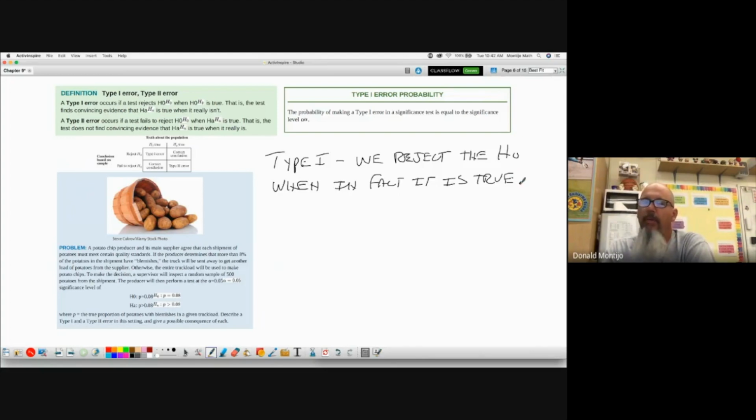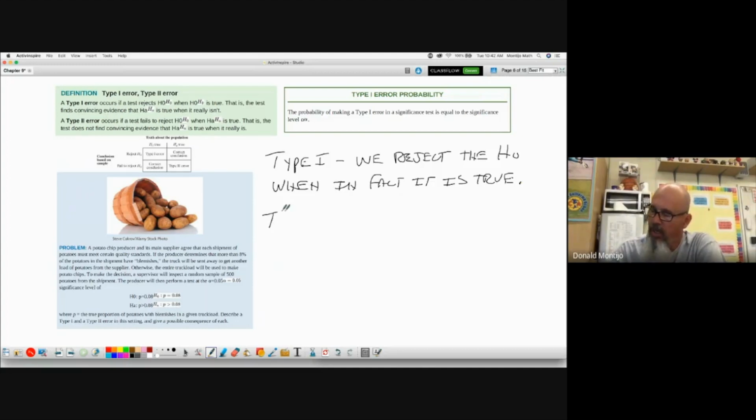Well, what's the probability that we reject the null when the null really is true? Well, that's going to be the alpha level. So if the alpha level is 0.05, that means there's a 5% chance that we're going to reject the null when really the null is true. So a type 1 error is when we reject the null when in fact the null is true.